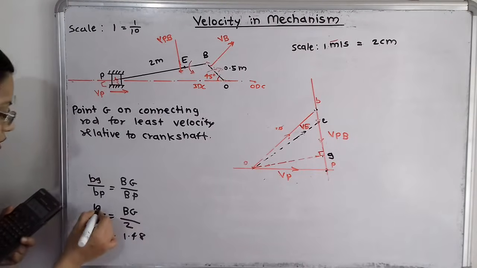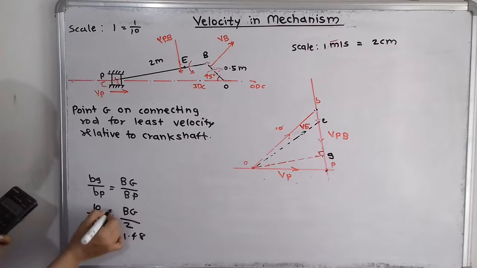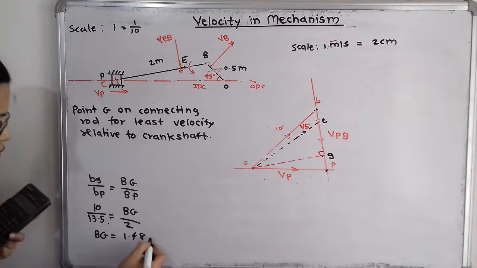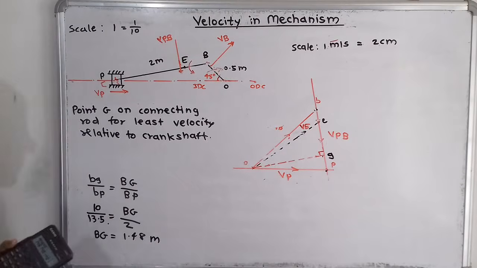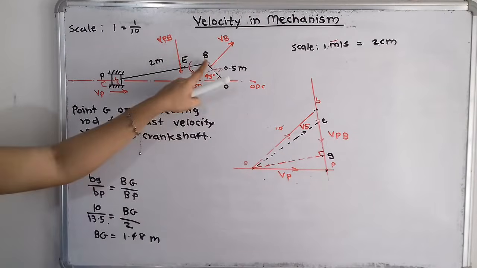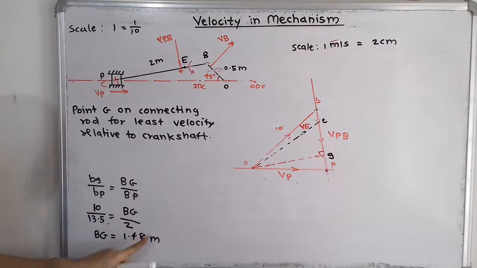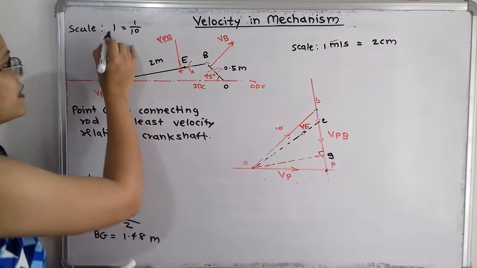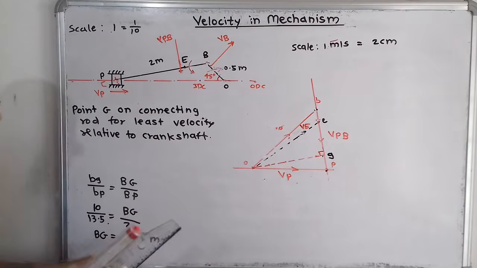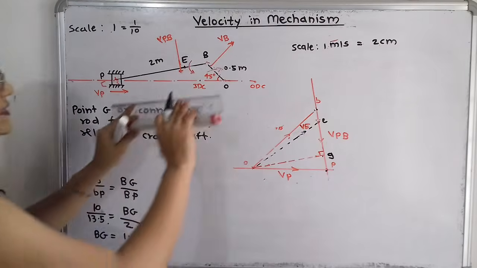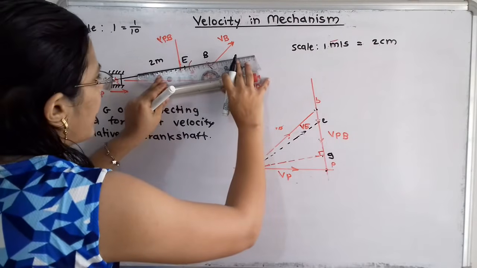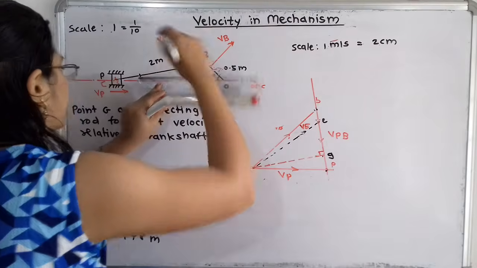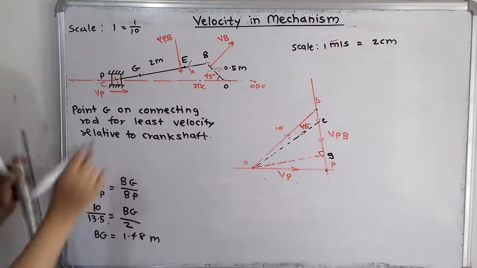If we observe, the 10 and 13.5 have units of centimeter, so they cancel, and 2 has the unit meter, so the value is in meters. So the distance B to G is 1.48 meter. The scale is 1:1/10, so I have to take 14.8 centimeter distance. I can plot this value here. So point G is here. This is the location of this point G.